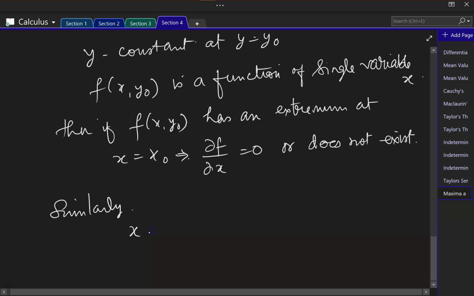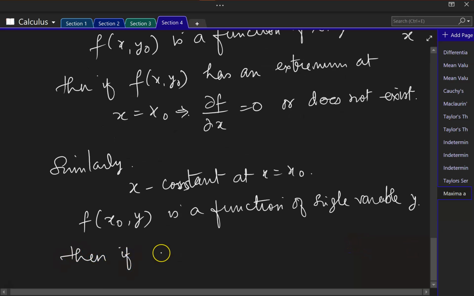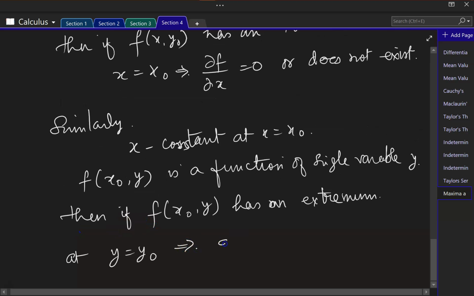Similarly, let's say x is a constant at x equal to x naught, which means f of x naught comma y is a function of single variable y. Then if f of x naught comma y has an extremum at y is equal to y naught, it implies that dou f by dou y is equal to 0 or does not exist.